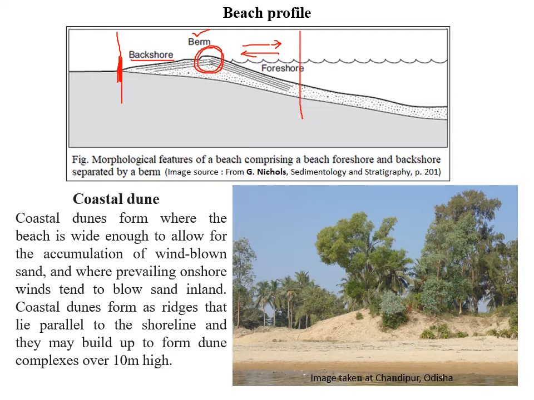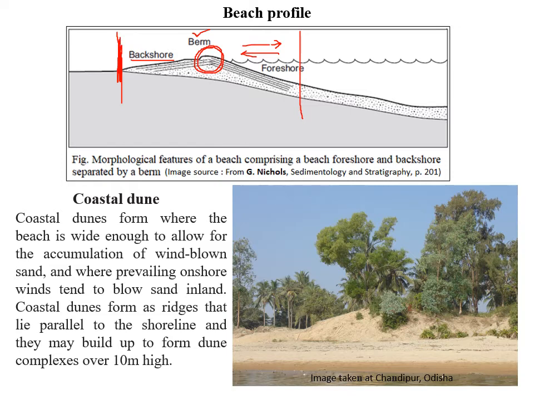So in normal condition, in fair weather condition, the activity of tide occurs up to the foreshore areas. But during storm activity, during high energy condition, when the wave amplitude is much higher, they inundate the more inland part, and that will extend up to this portion, which is the landward limit of backshore. So up to that portion where the activity of storm is found to occur.